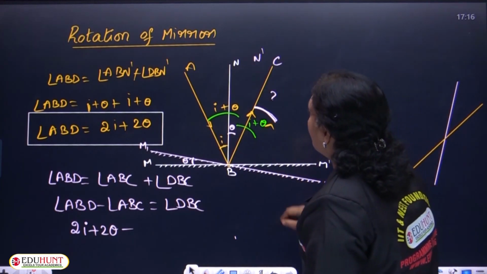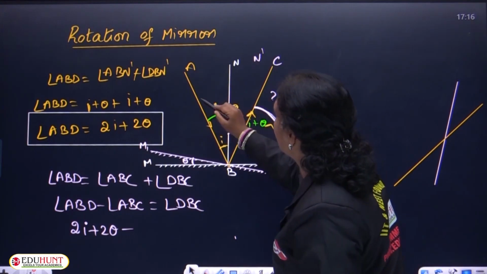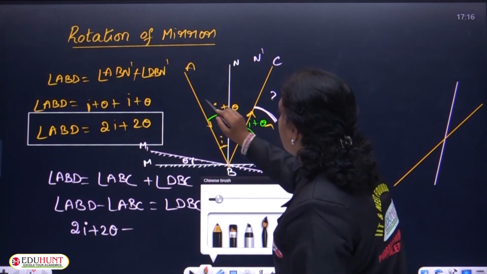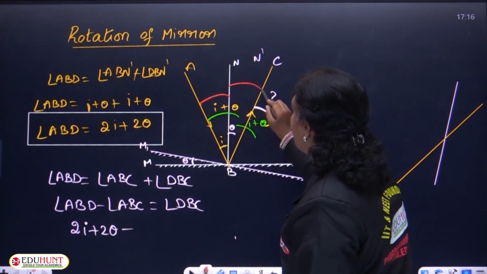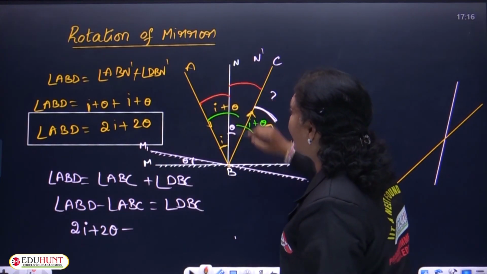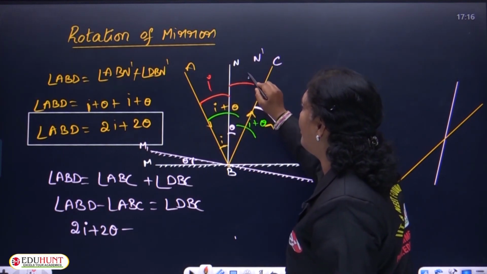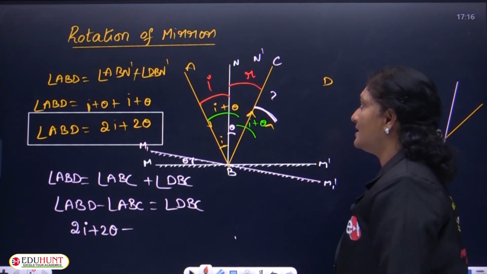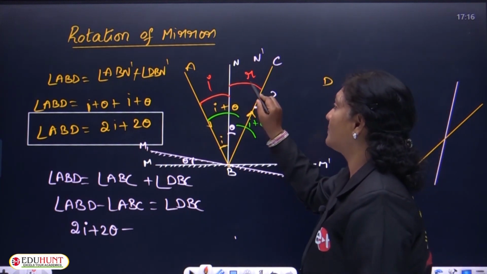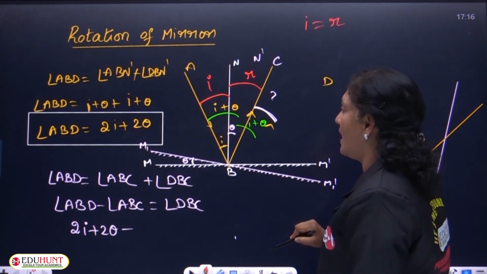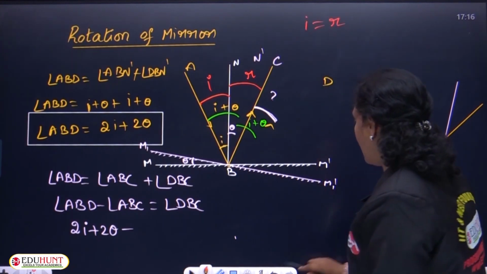So, ABC means if this is your incident light ray and this is your reflected light ray, the angle of incidence is given as i with respect to the first normal and the angle of reflection is equal to r. But according to the law of reflection, i is equal to r.